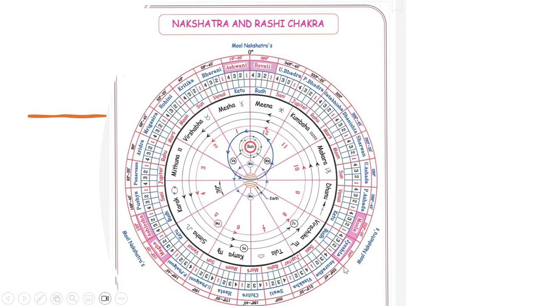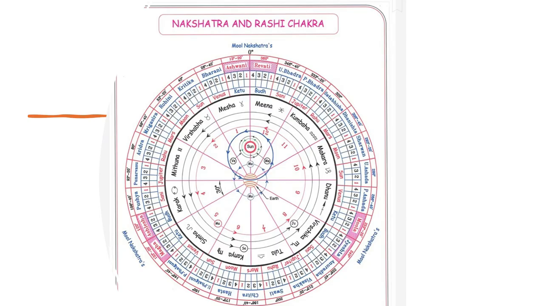Now let us say I give you the longitude of a planet, just look at this chart. Let's say a planet is at 82 degrees. Can you look at this chart and tell in which Rashi and which nakshatra it will fall?